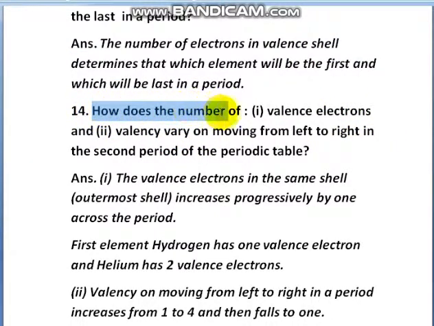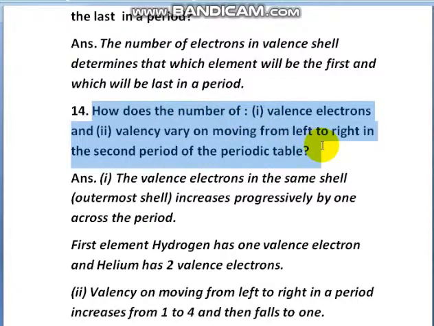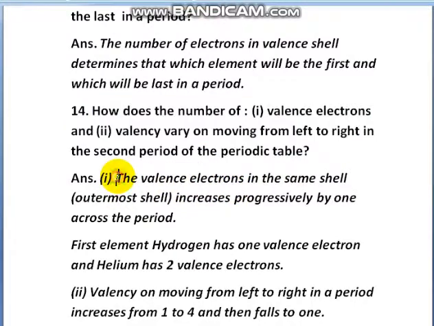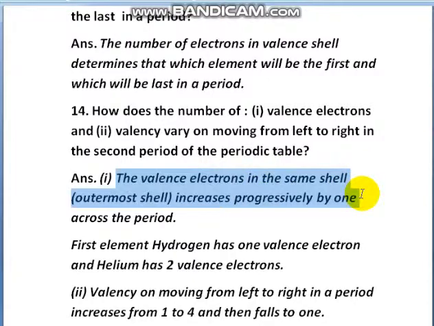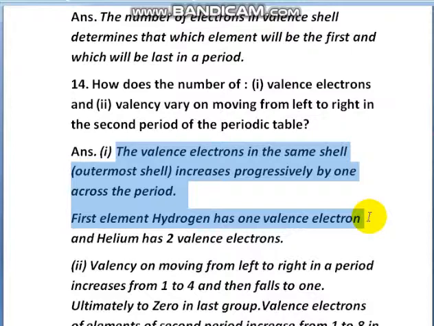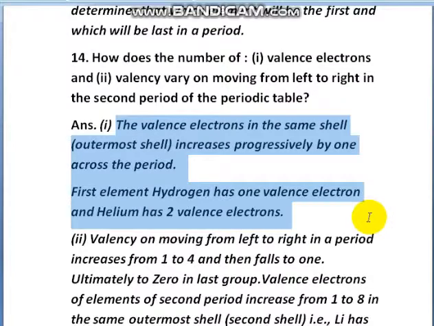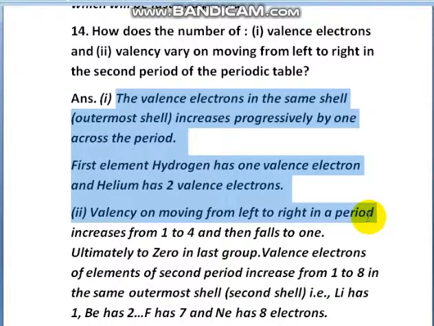Question number 14, how does the number of valence electrons and valency vary on moving from left to right in the second period of the periodic table? So its answer will be, the valence electrons in the same shell, outermost shell, increase progressively by 1 across the period. First element hydrogen has 1 electron, whereas helium has 2 valence electrons.